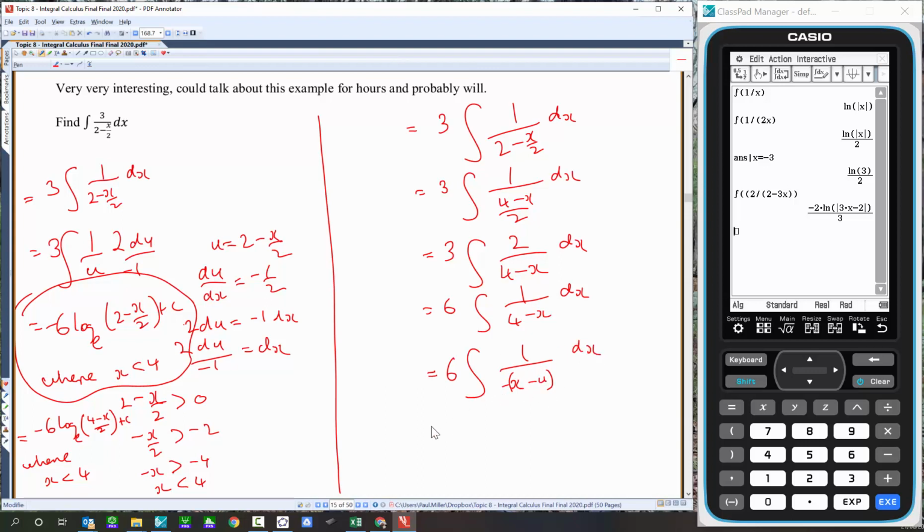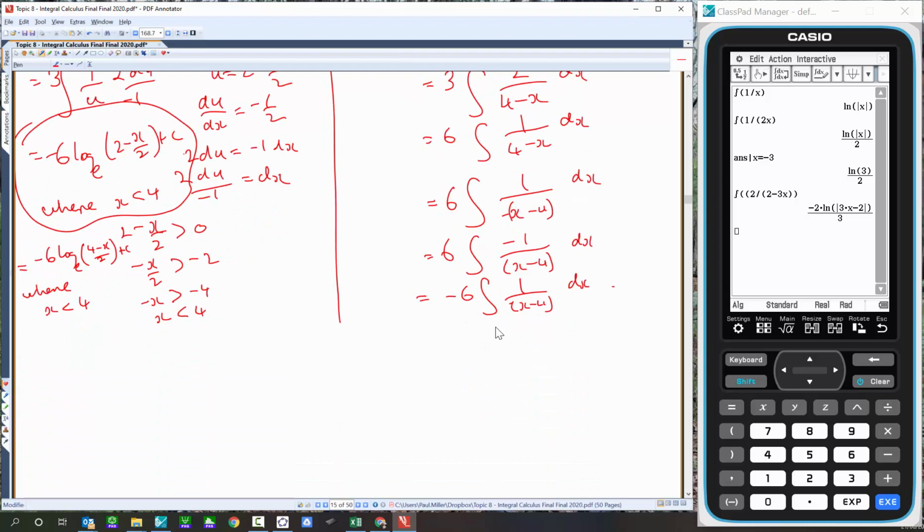That negative goes to the top, and eventually ends up out the front: -6 integral 1 over x take 4 dx. All right, now we're ready to finalize this thing. -6 integral 1 over u, where u is equal to x take 4, du dx equals 1. That means du actually equals dx.